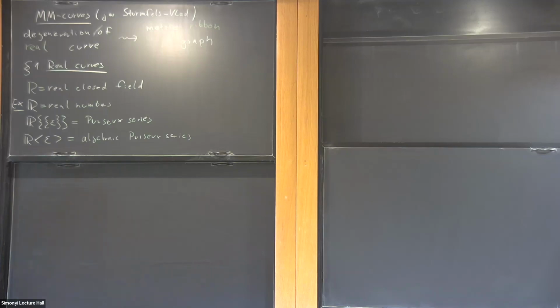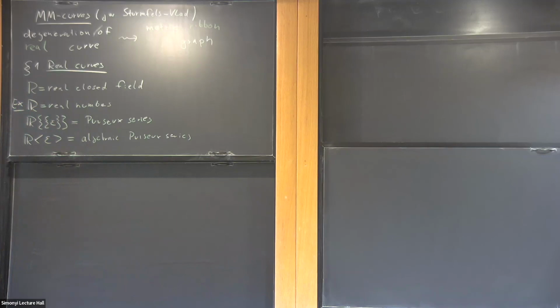Any real closed field is a topological field by declaring the open intervals to be open and looking at the topology generated by these open intervals. Then this usually becomes a totally disconnected space. But for semi-algebraic sets, which are sets defined by finitely many polynomial inequalities, there's still a good notion of connectivity.